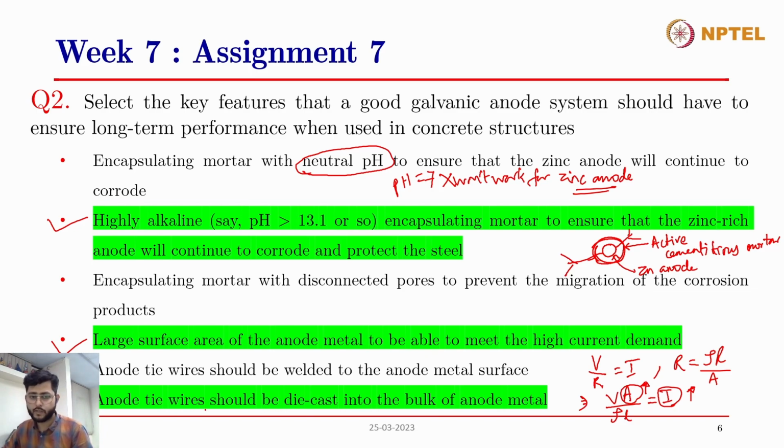Therefore, these anode tie wires should be die cast into the bulk of the anode metal, and the cementitious mortar has to be cast around this system, without any welding of the tie wires. So this is a correct option again, the last option. So yes, these three are the correct options, as Arthur has already mentioned.